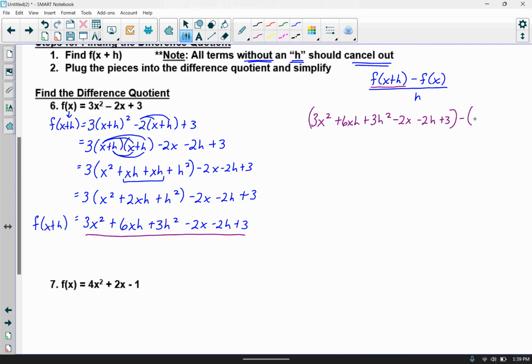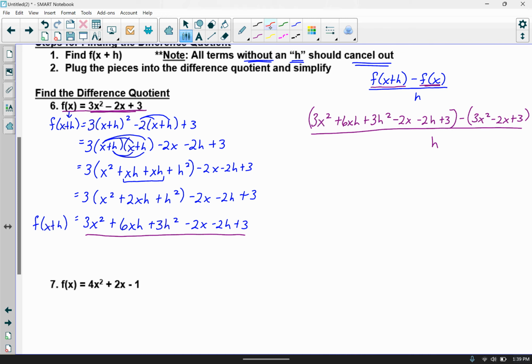Minus f of x. Again, like I told you from the beginning, f of x is always going to be given to you. Sure enough, here in the beginning, here's what f of x is. F of x is 3x squared minus 2x plus 3. You don't have to do any work. Then it's all divided by h.